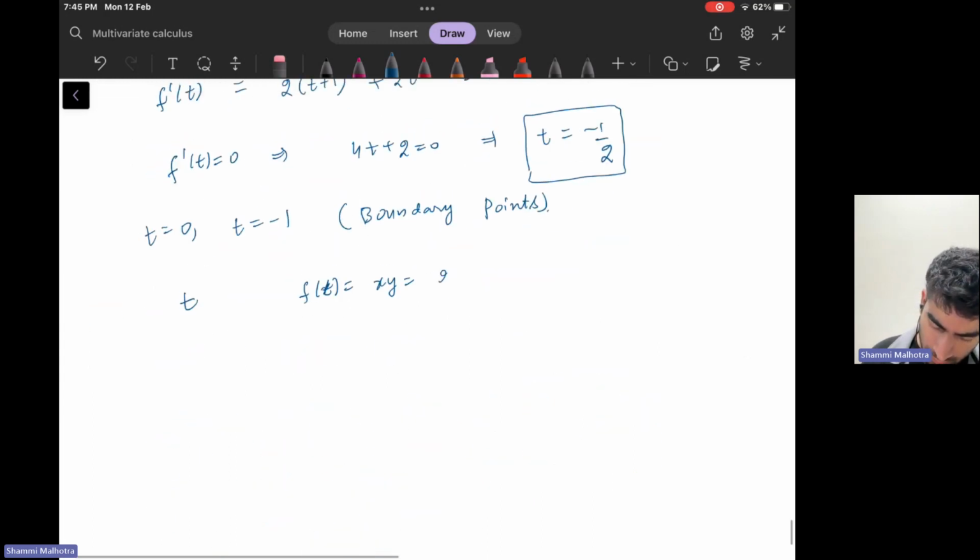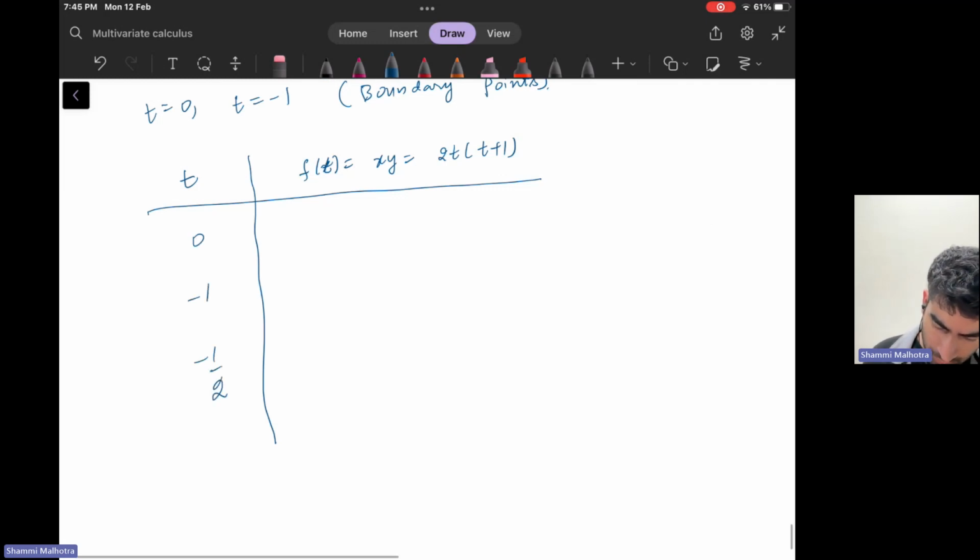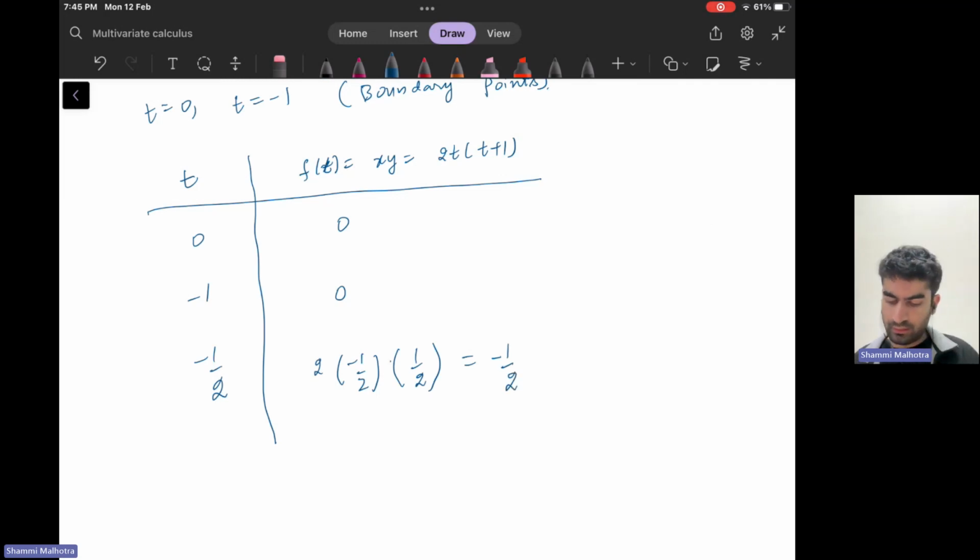So we check 0, -1, and then -half. At t equal to 0, this will be 0. At t equal to -1, this will again be 0. At t equal to -half, this will be 2 times minus half times plus half, so this is minus half only.